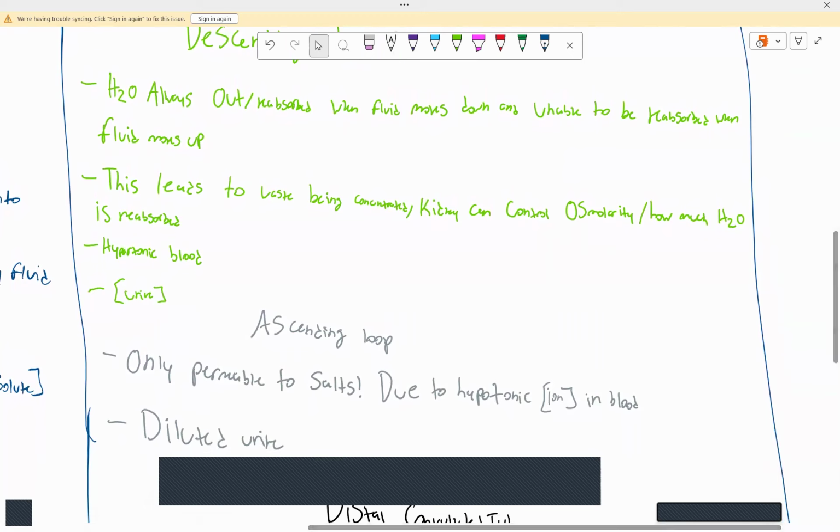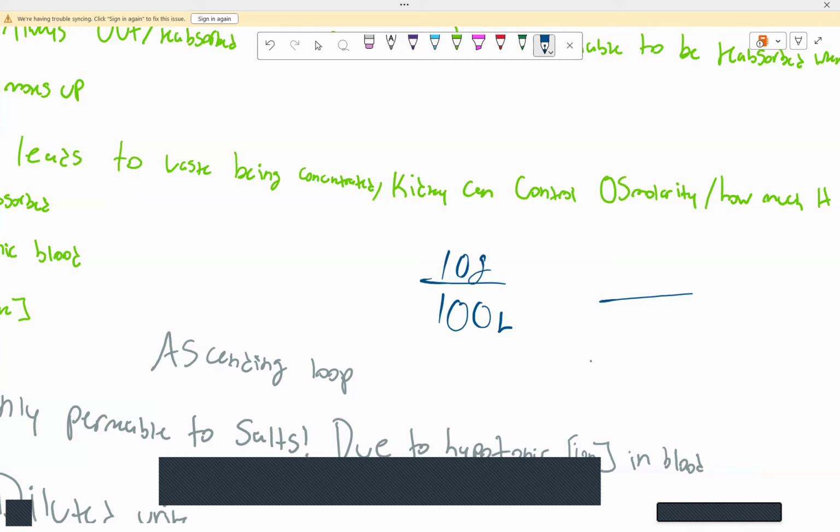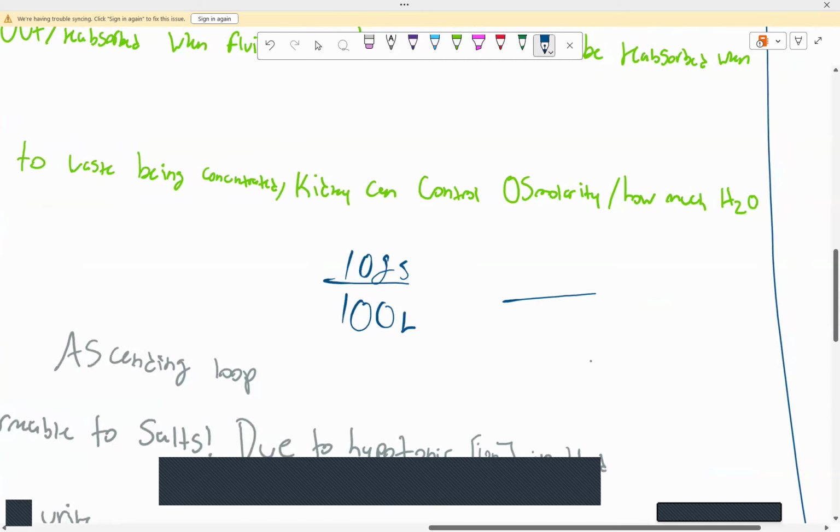Because you're losing water. For example, this is going to be our molarity, right? Let's say you have 100 liters and 10 grams of solutes, and then you still have the same amount of solute, but now you have 50 liters.